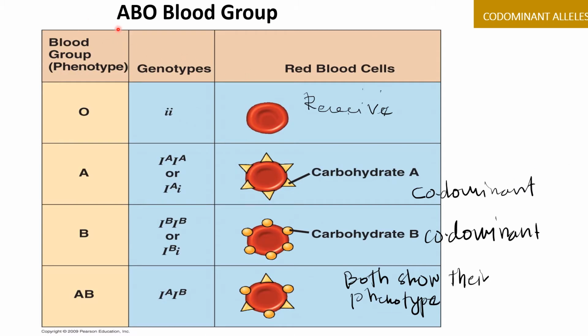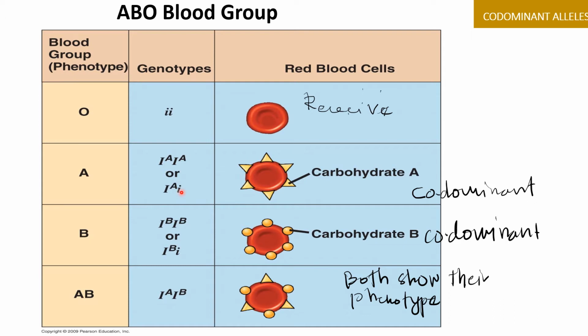In the ABO blood group, codominance is shown by A and B. The A and B phenotypes are codominant, and O is recessive. When O is by itself, of course, it will show O, but when O is with A, it will show A blood type. That means O is recessive.